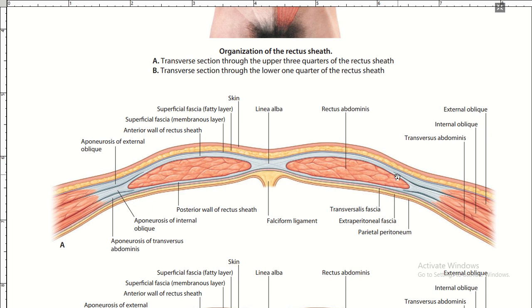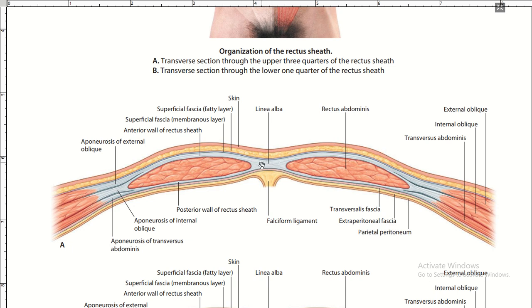So the anterior lamina of the internal oblique and the aponeurosis of the external oblique are going to form the anterior wall of the rectus sheath. Then the posterior lamina of the internal oblique, together with the aponeurosis of the transversus abdominis, are going to form your posterior wall of the rectus sheath. And these walls are going to join in the median plane to form a thickening called the linea alba.